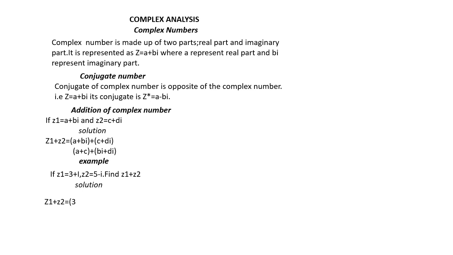Now z1 + z2 will be (3 + i) + (5 - i). Now we open the brackets and we find 3 + i + 5 - i. Now let's separate the real part and the imaginary part, which is 3 + 5 and i - i.